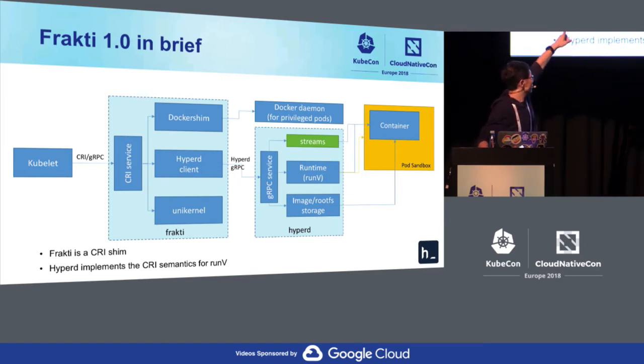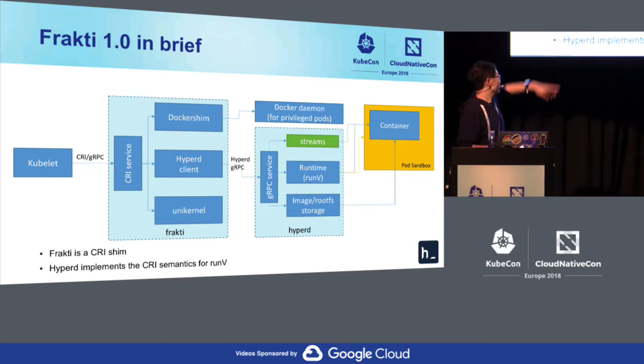They use hyper-D for the runV containers, and for the Docker-based containers for the privileged part, they use the Docker shim. Also, in last year's Summer of Code project we added unikernel support in Frakti.